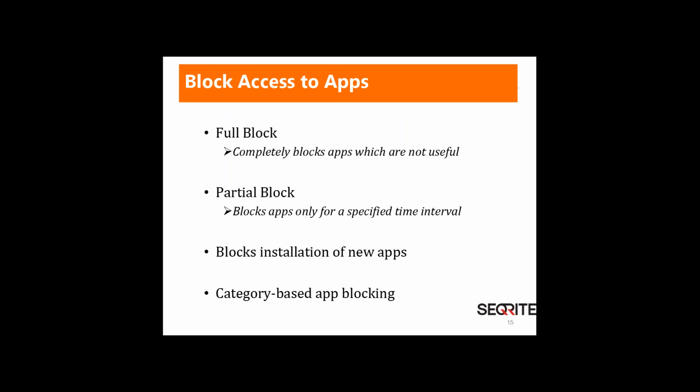In full block of application, admin can completely block an application so that user may not use the application. In case of partial block, the admin can block an application for a particular time interval. For example, if the admin wants to block a social networking application for working hours only, then he can select the particular time interval and also can select excluding days or time to block that application.